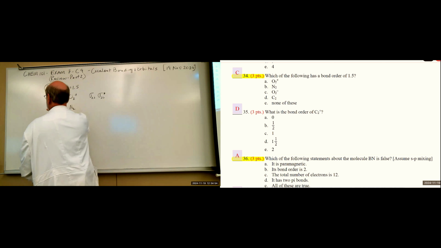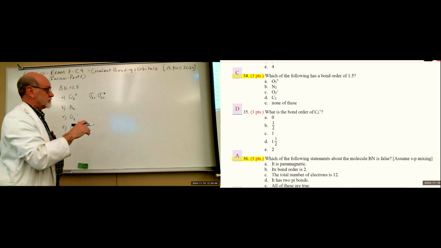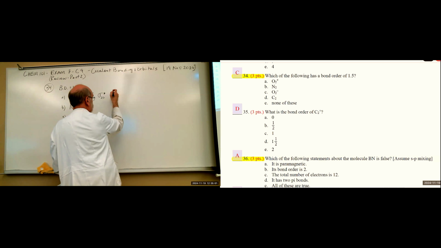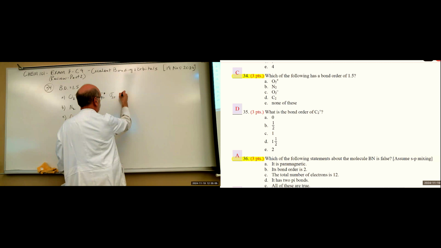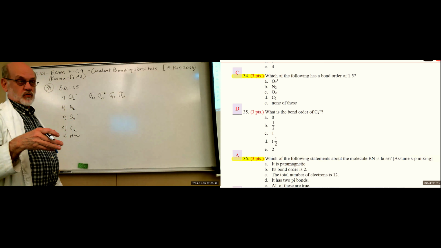Oxygen and fluorine have no mixing, so you start with the sigma from a 2p, and then a pi from a 2p. Actually, the order doesn't matter when we're doing bond order.